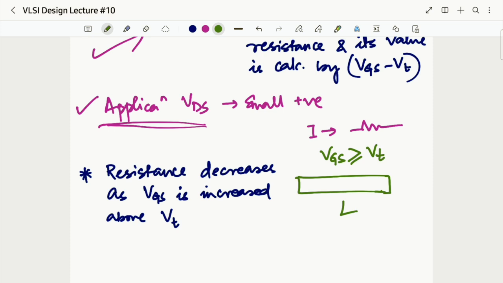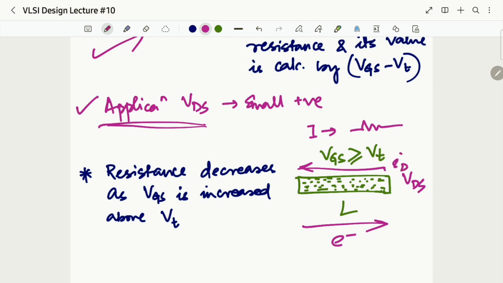What will happen? More electrons will jump to form the channel. If more electrons are there, when you apply VDS from the drain side, the electrons will start moving and the current will move in the opposite direction.